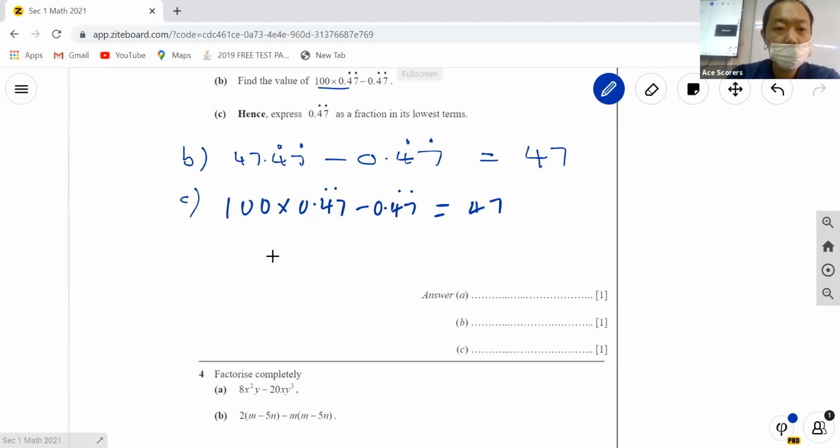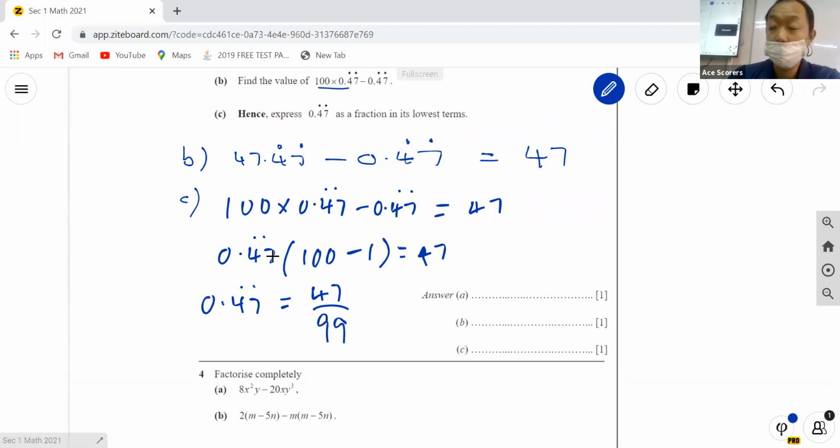Then we extract: 0.47 recurring times 100 minus 1 equals 47, because you take out this, right? So you have this. So 0.47 with 2 dots equals 47 over 99. Okay, that's the answer. It's just 47 over 99.